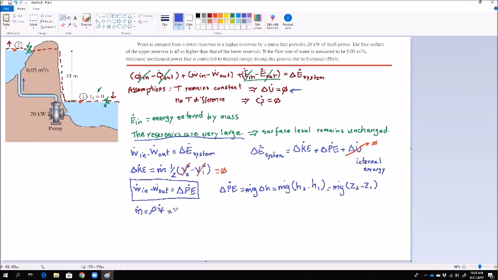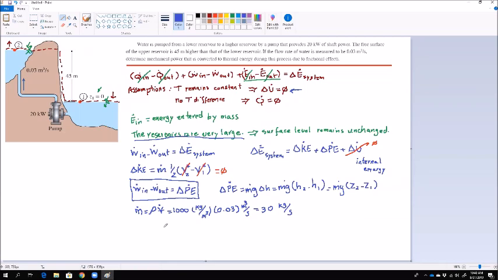Density of water, it is safe to assume it's 1,000 kilograms per meter cubed, multiplied by V dot given as 0.03 meters cubed per second. The answer is 30 kilograms per second. That's the mass flow.